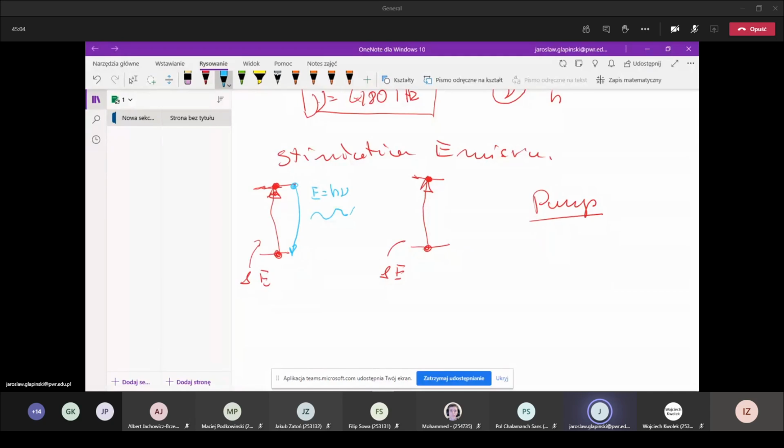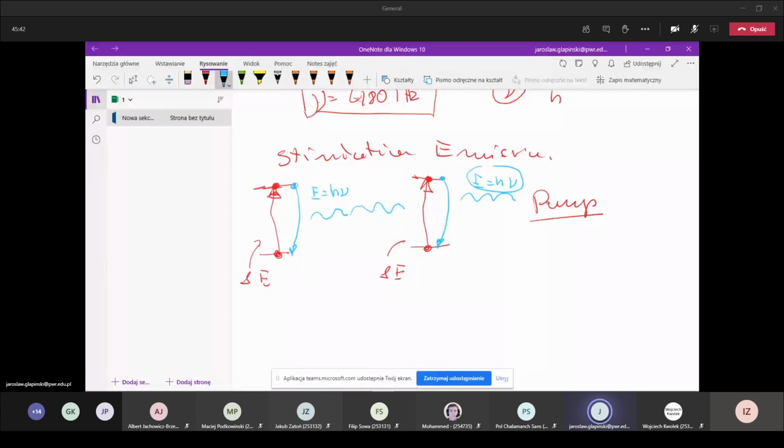This energy comes towards the other electron, and if it is in the unstable position, this energy can cause the electron to jump to the lower energy, so it also emits energy.